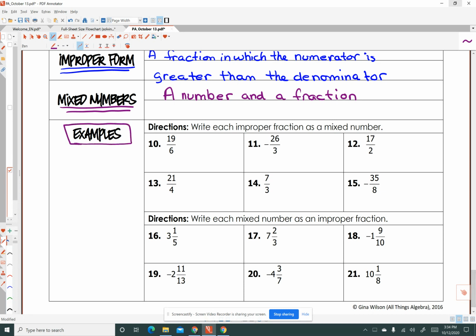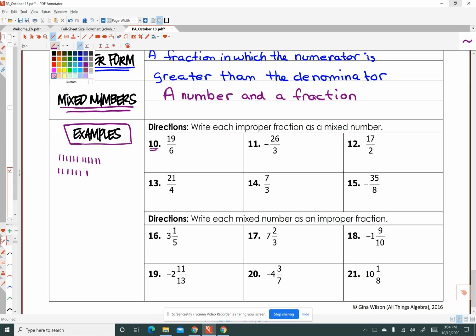So the directions ask us to write each improper fraction as a mixed number. So when we look at number 10, which is 19/6, okay, we have 19 units of something, or 19/6. So let's look at 19: 6, 7, 8, 9, 10, 11, 12, 13, 14, 15, 16, 17, 18, 19.